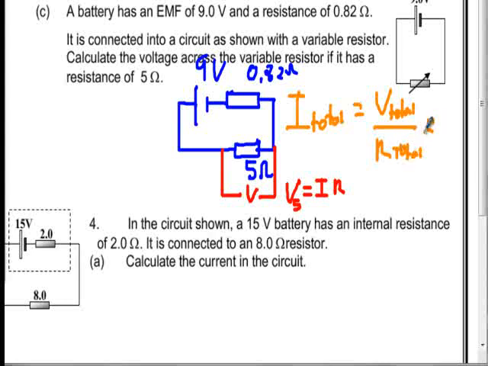The total voltage is 9 volts. Now what is the total resistance? We have a 0.82 ohm resistor in series with a 5 ohm resistor, so we just add these resistances. The total resistance is 5.82 ohms.